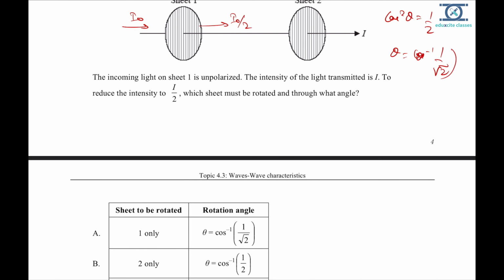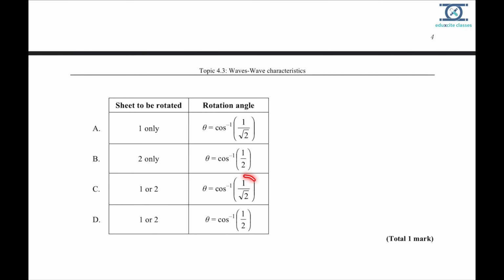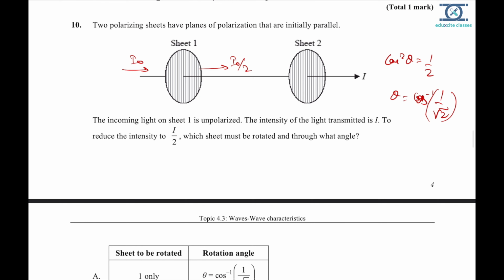Say yes or no. Okay, cos inverse of 1 by root 2. So 1 by root 2 is this. 1 only is not possible, so only option C is the right answer. So if you rotate sheet 2 by this angle, you will get this I as I by 2.